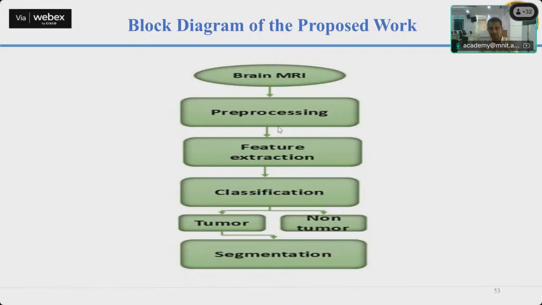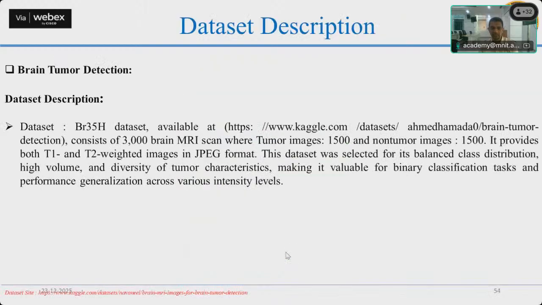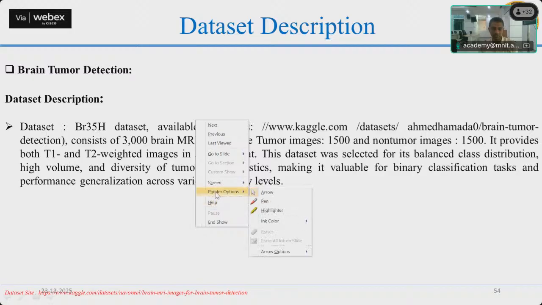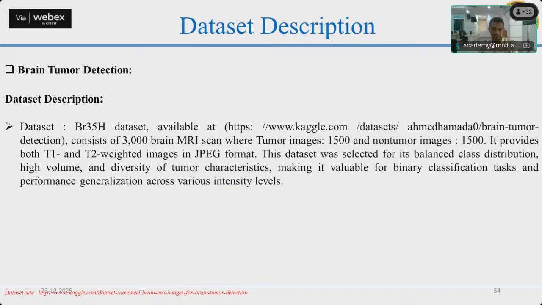Again, the brain MRI goes through pre-processing, feature extraction, classification, and tumor or non-tumor segmentation. What is the key here? The feature extraction needs to be done at another level. So what is this one? Brain tumor detection with BR35H as the dataset. Here the things are a bit different: 3000 brain MRI scans, where tumor images are 1500 and non-tumor 1500, so no need to apply SMOTE.